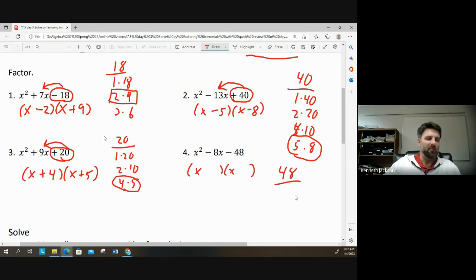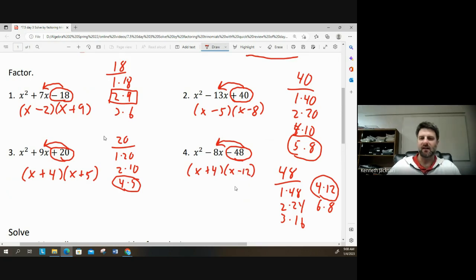I'm looking for numbers that multiply to 48. 1 times 48, 2 times 24, 3 times 16, 4 times 12, 6 times 8. I think I got them all. Which of these numbers multiply to 48 and subtract to 8? Would that be 4 times 12? So plus 4 and minus 12. If they subtract, they have to be different signs.